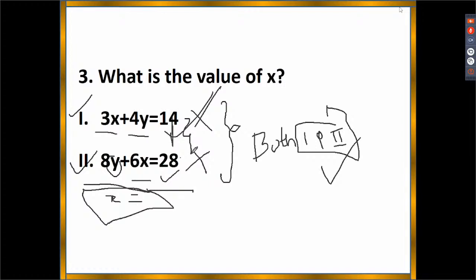We need to solve two different linear equations. We never solve two same linear equations. So even if you combine both the statements, it is not possible to get the answer. So what is the correct answer? Both statement 1 and statement 2 together is not sufficient.